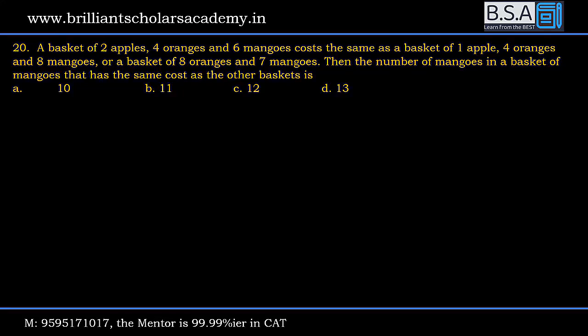Then the number of mangoes in a basket of mangoes that has the same cost as the other basket is. लैंग्वेज में उलझना नहीं है. फोकस ऑन इक्वेशंस, फोकस ऑन द क्वांटिटी. स्टार्ट.